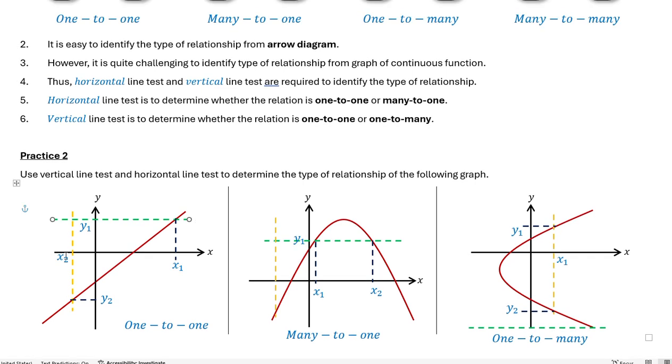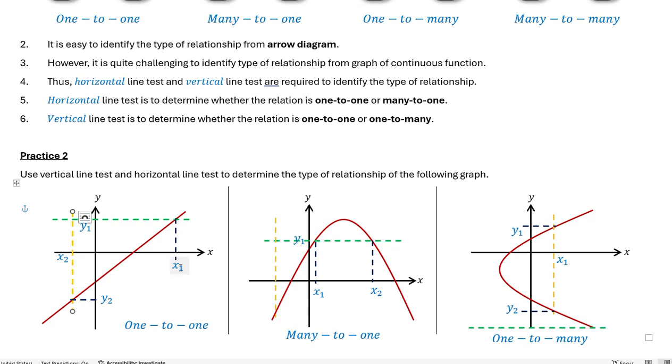How about the vertical line test? When I place the vertical line here, we've got one object pointing to one image. And whenever I move the line, either to the left or to the right, you always see one object pointing to one image.